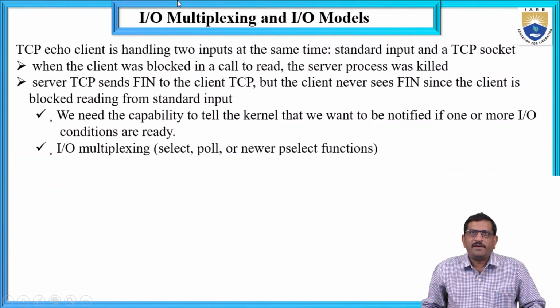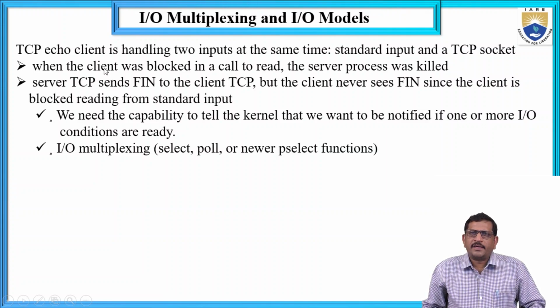Here, in the I/O multiplexing server, TCP sends a FIN signal to the client, but the client never sees the FIN signal since the client is blocked reading from the standard input.